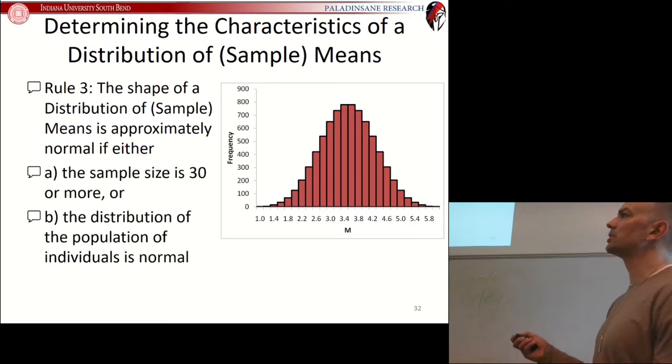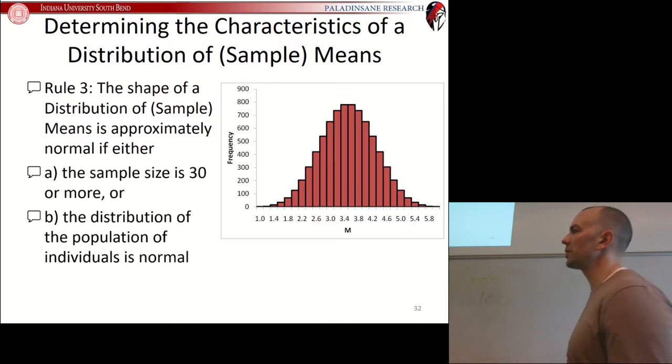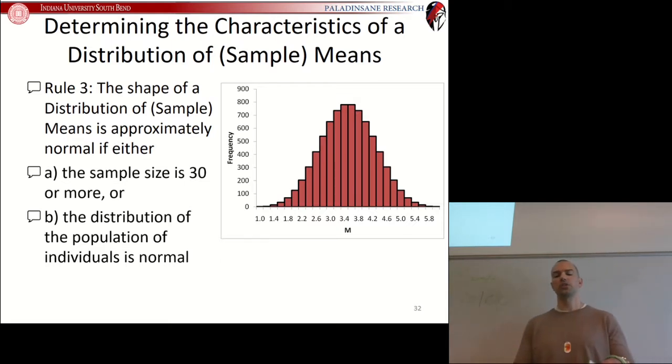So if your population is normal, then your distribution of sample means will have a normal shape for any sample size. If your sample size is 30 or more, then regardless of how the population looks, your distribution of sample means will be normally distributed. So that's another reason why psychologists like bigger sample sizes, because the bigger your sample size, the more normal your distribution is going to get.